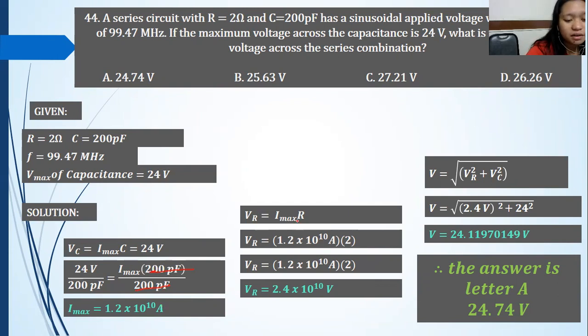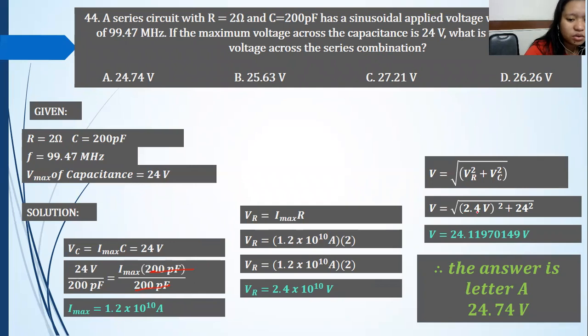And then VR is I max times R, so VR is 1.2 times 10 to the power of 10 amperes times 2. Then VR is 2.4 times 10 to the power of 10 volts. For the total voltage of the series combination, this is the maximum voltage, so the square root of VR squared plus VC squared.